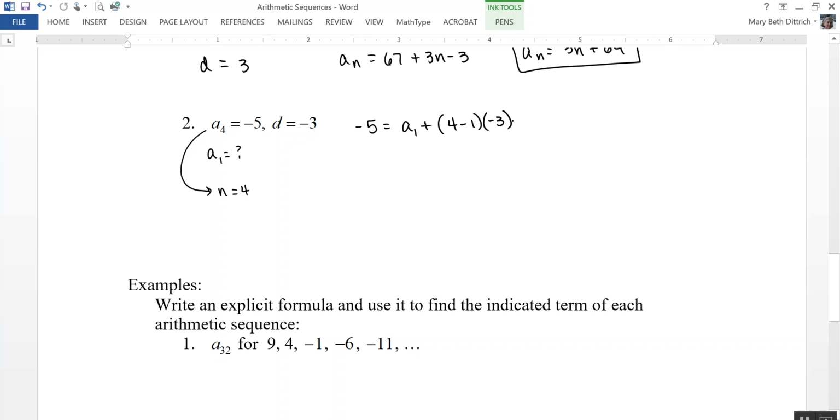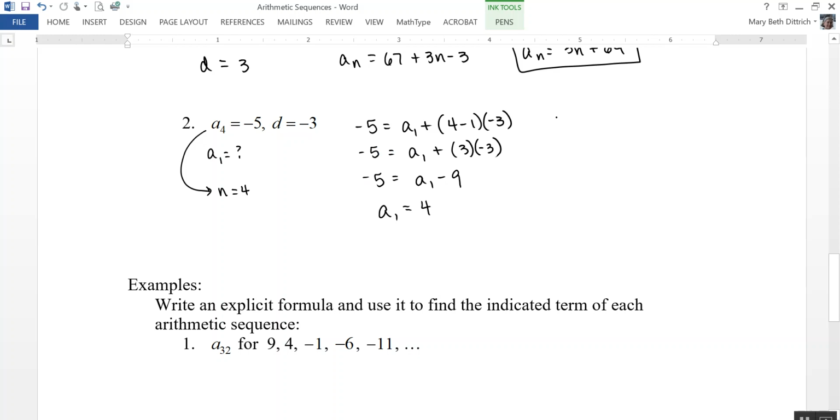Notice also I like to put my d in parentheses just so that I know that I'm going to be multiplying by a negative 3 and not just subtracting 3. So negative 5 equals a sub 1 plus 3 times negative 3. And adding 9 to each side, a sub 1 is equal to 4.